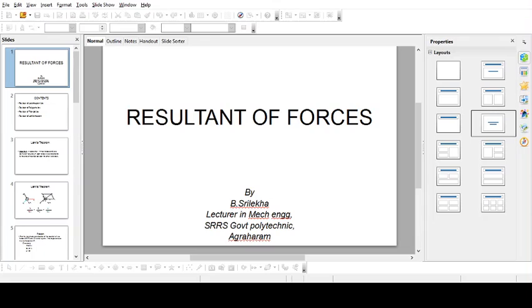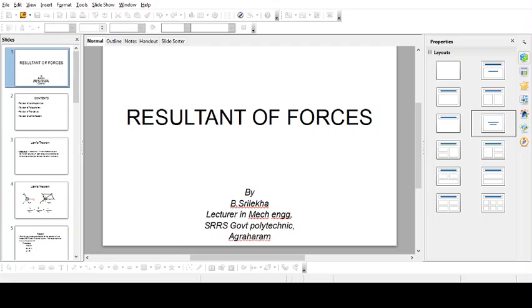For example, if a force F is acting at an angle of theta with a horizontal, then this inclined force F can be split into two components, the horizontal component and the vertical component. The horizontal component would be F cos theta, while the vertical component would be F sin theta.